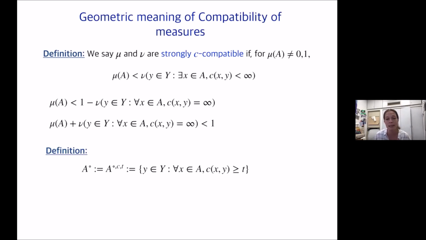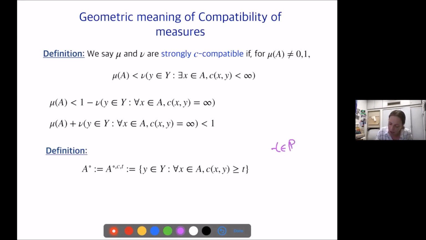Okay, so I'm given a set A, and I'm given a cost function, and I'm taking all of the points y such that their cost with all of the points of A is more than some fixed number t. Okay, and t can be infinity. So strong C compatibility is using t equals infinity, but let me write this even more generally. So any t can be in R or infinity, but you fix it. Okay, you fix this t.